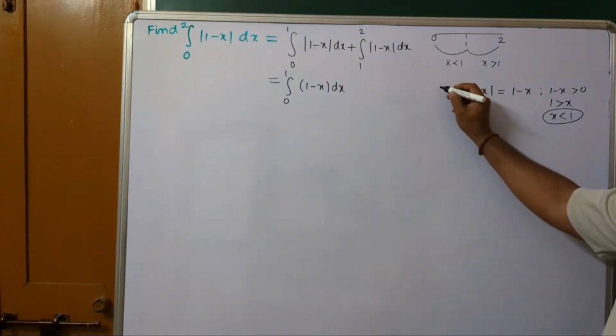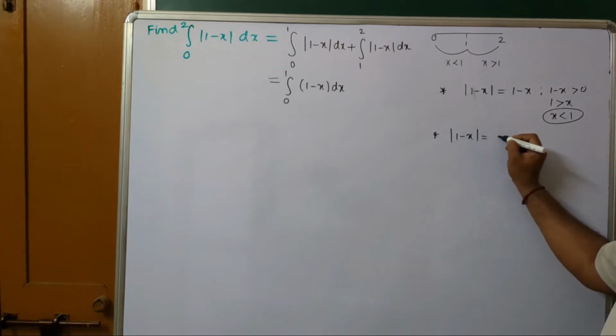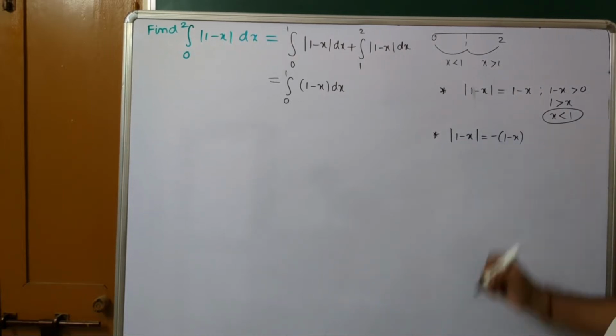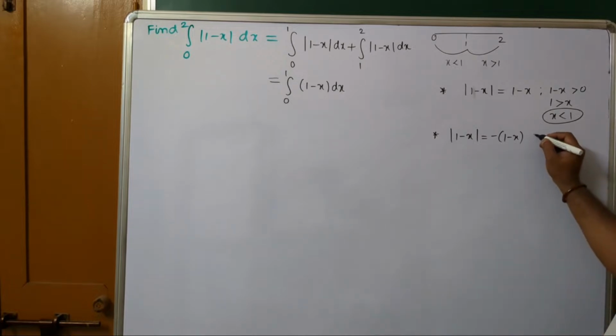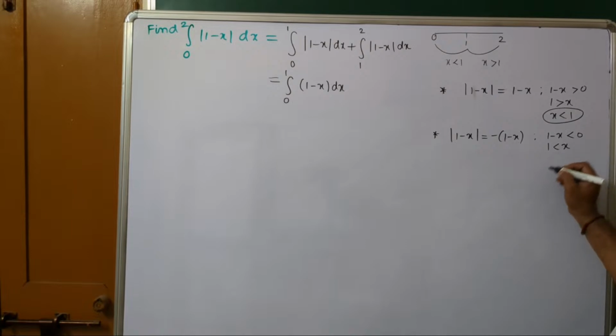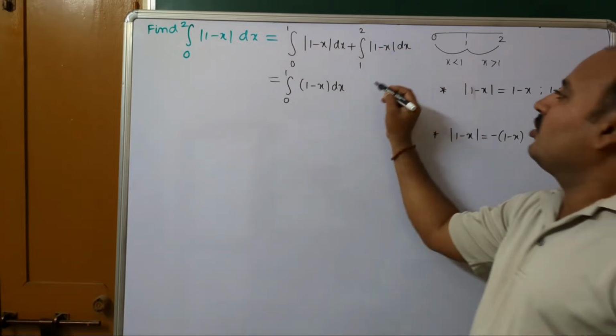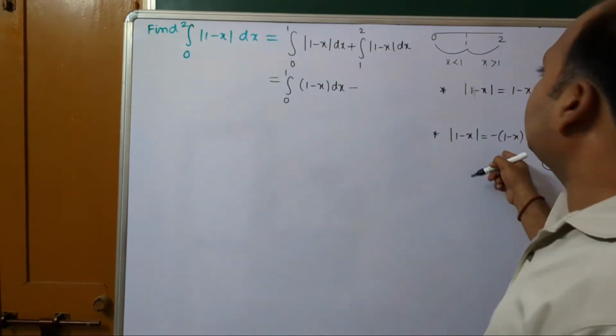Now, second one, mod 1 minus x is equal to minus of 1 minus x when 1 minus x is less than 0, 1 is less than x. So that means x is greater than 1. Whenever x is greater than 1, from 1 to 2, you can write it as minus of 1 minus x.